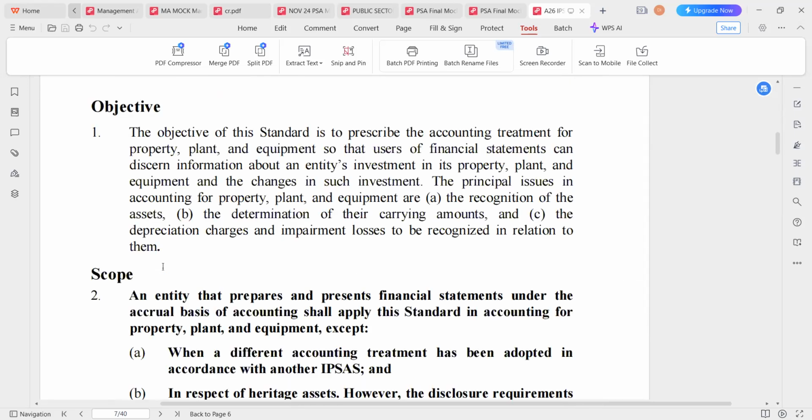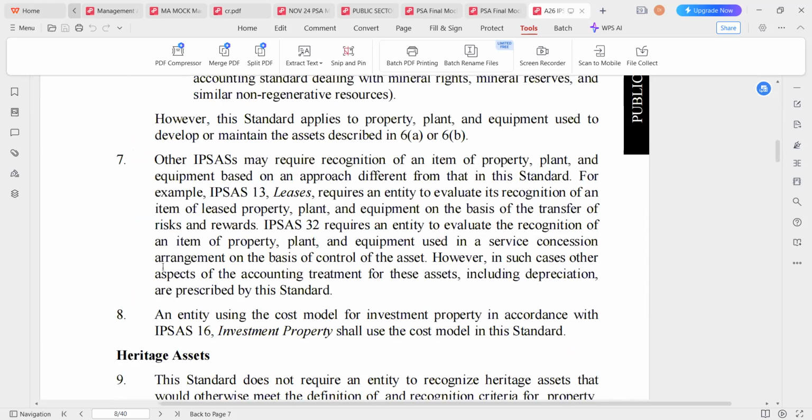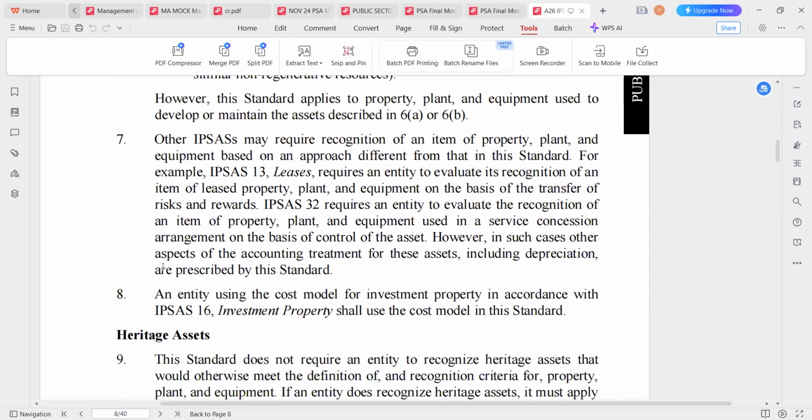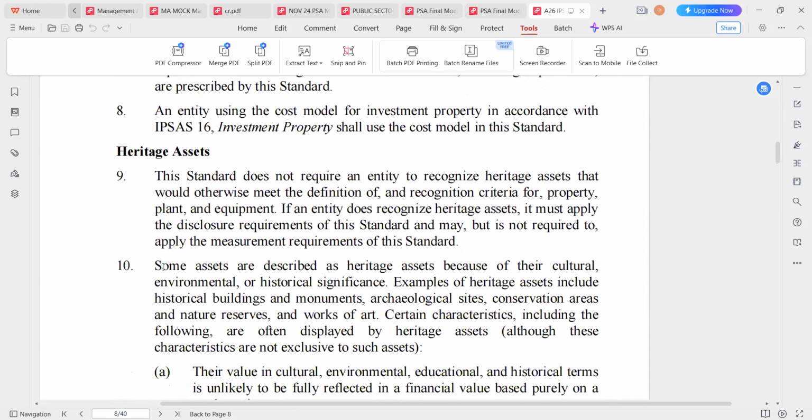So that is what a heritage asset is. Good. Now, heritage assets are not to be recognized.